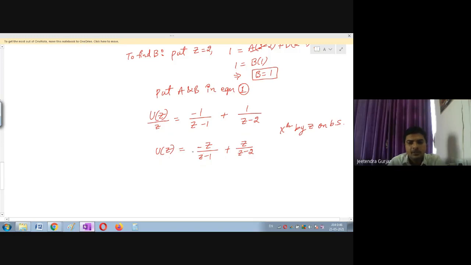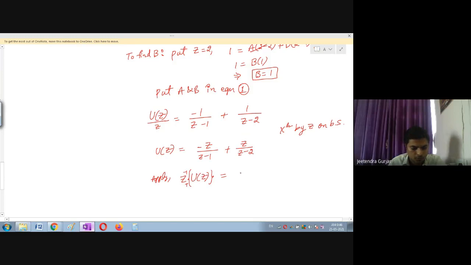Okay, now U of Z is in the correct form, students. Now I'm going to apply inverse Z transform. So you will write here Z inverse transform of U of Z, right, students?